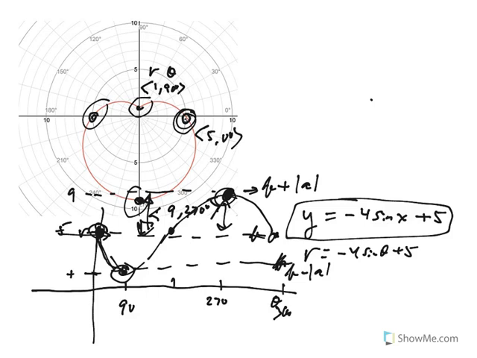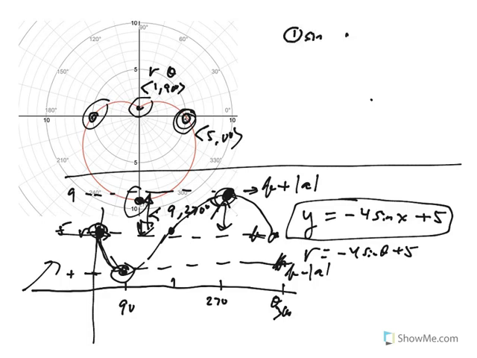Now, I can create the equation without drawing this picture, by making some decisions. The first one is, do you think this is sine or cosine? The answer is that this has to be a sine because its maximum value is on the y-axis.